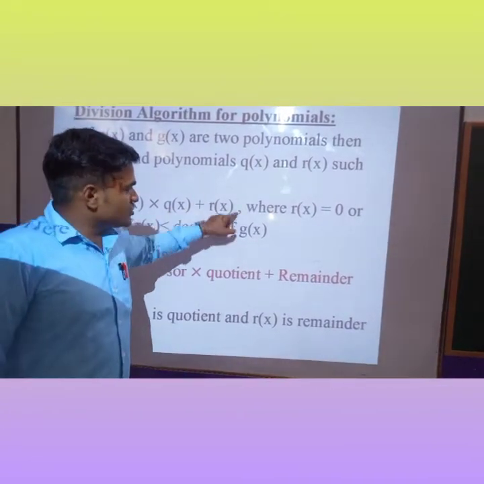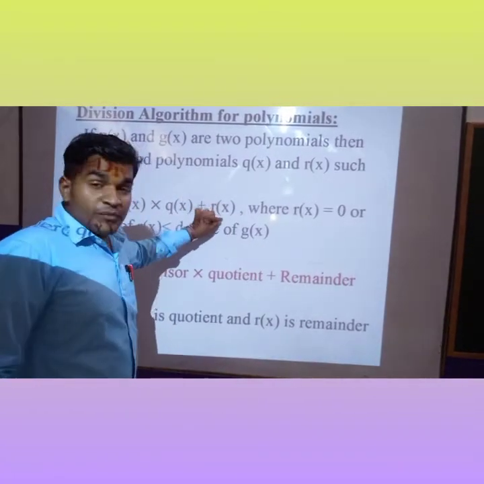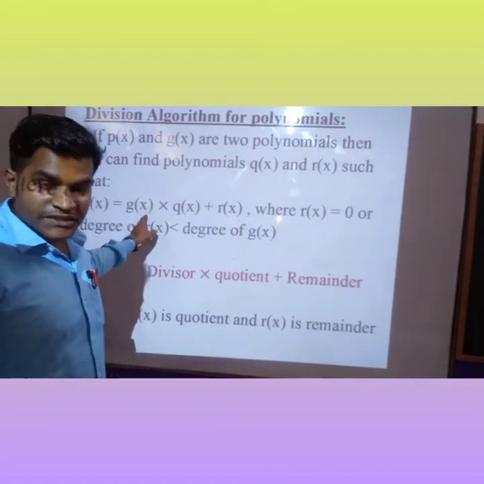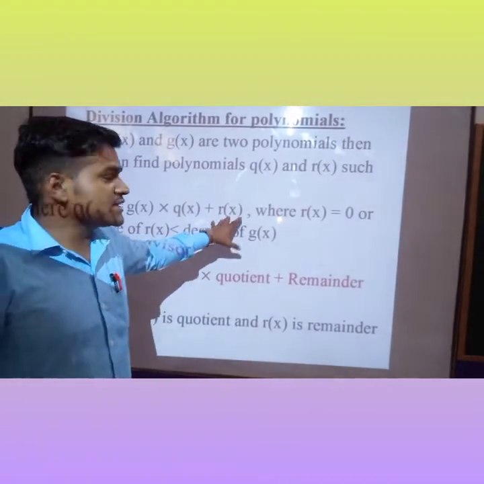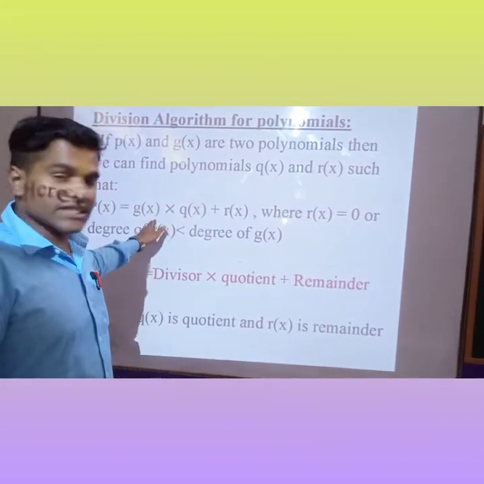If R(x) is 0, it means the remainder is 0, but the degree of the remainder is never greater than the degree of the divisor, meaning the degree of R(x) is always less than the degree of G(x).